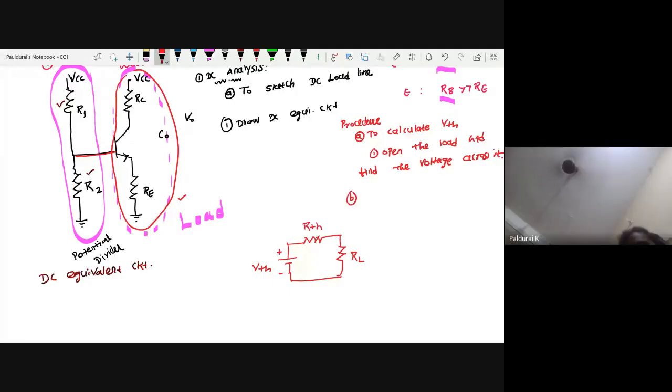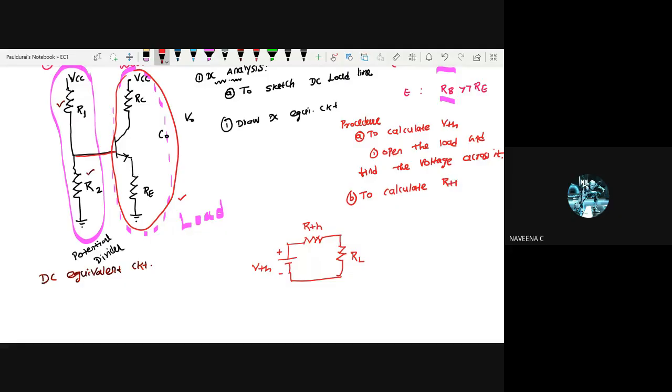What is the procedure to calculate RTH? Anyone? Short the voltage source and open the current source.